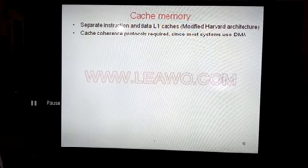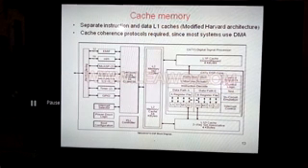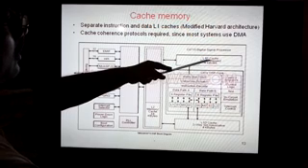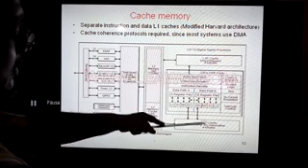Now the cache memory is available here. As we know, in the case of the DSP processor, there are 2 separate cache memories, for the program as well as the data.